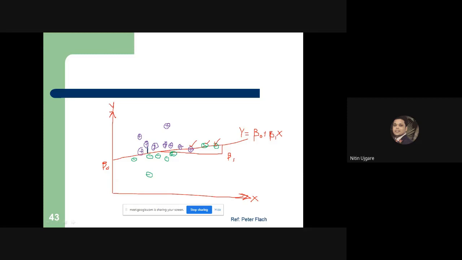So this distance of the instance from the line indicates the error made by the line for this instance. However, the error made by the line for this instance is very large.